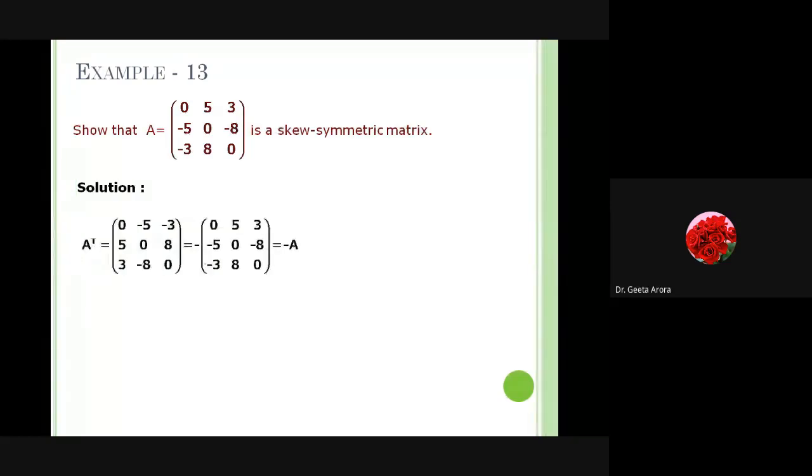We have obtained A transpose, and we can see that A transpose is equal to minus A, because the elements in the row are 0, 5, minus 3, and in the column they are 0, minus 5, minus 3. It means there is a sign change. So A transpose is equal to minus A, which means it is a skew symmetric matrix.